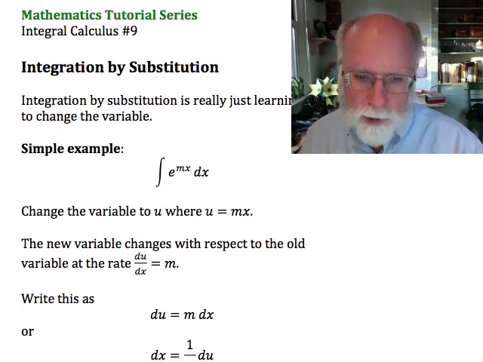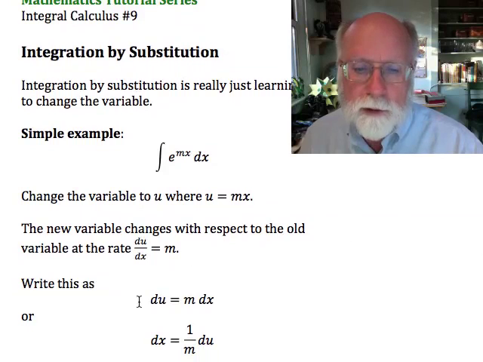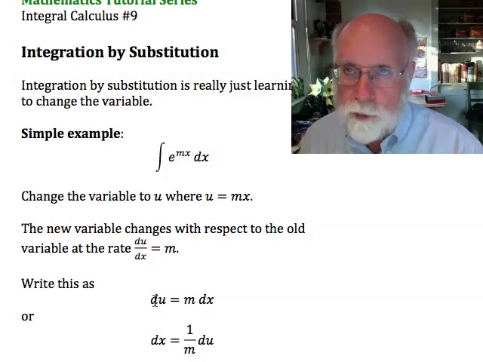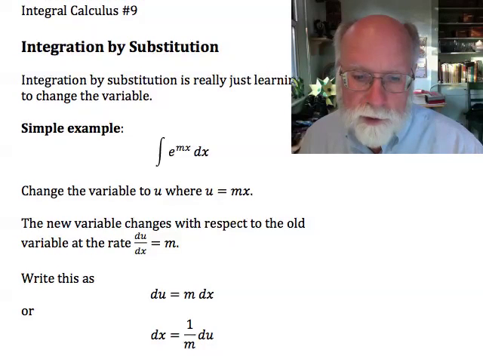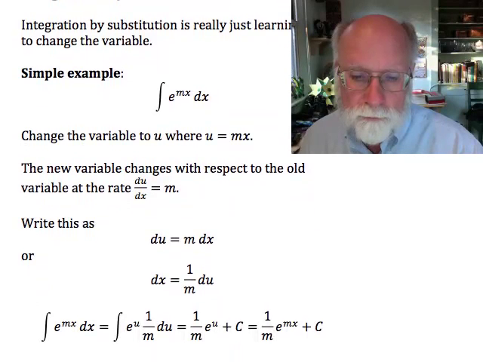So we can write this out as du, the way that the u changes, is m times the way that x changes. And we can rewrite that as dx changes as 1 over m times the way u changes. So this is the way we change the scales that we're using for measurement.